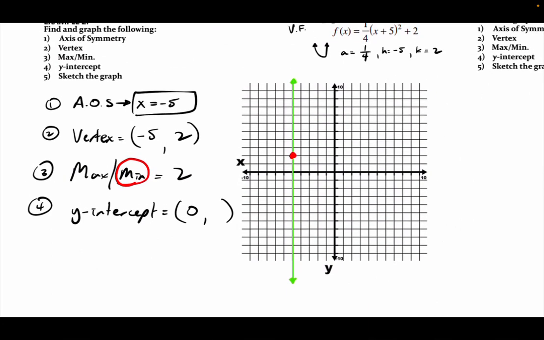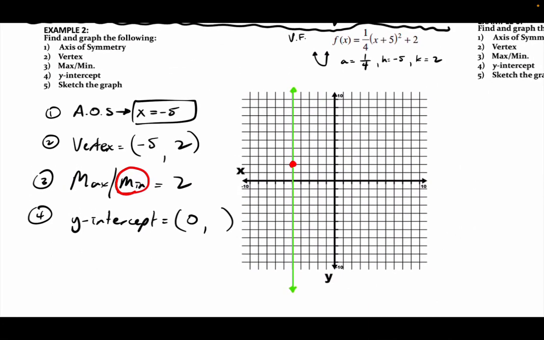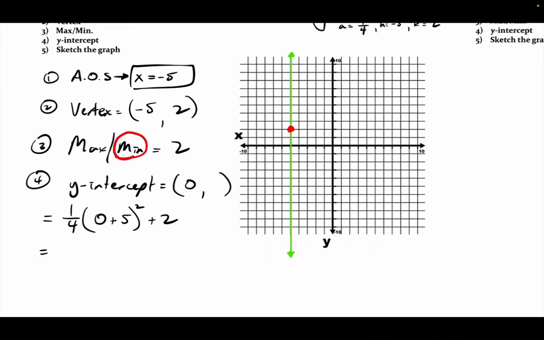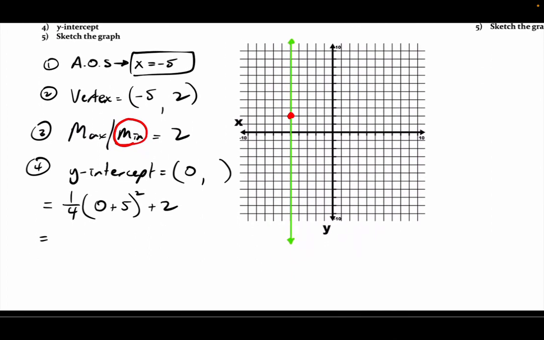Plug in 0 to the original everywhere there's an x. 1/4 parentheses 0 plus 5 squared plus 2. Parentheses, 0 plus 5 is 5. Exponents, 5 squared, 25.